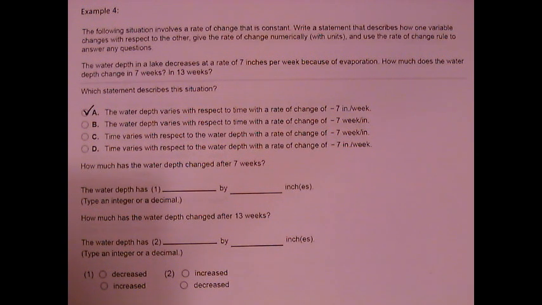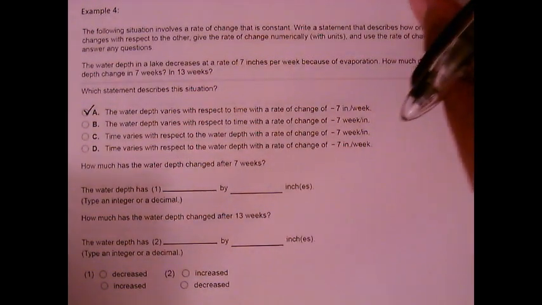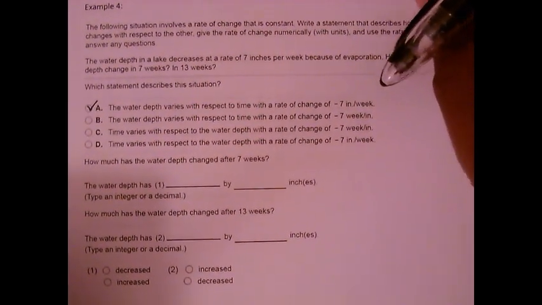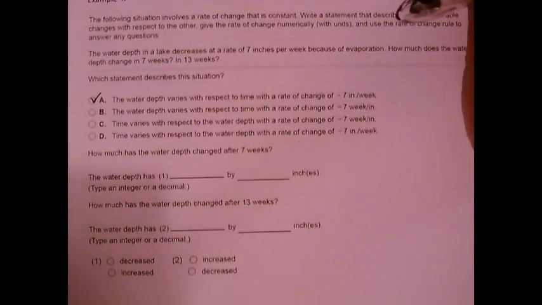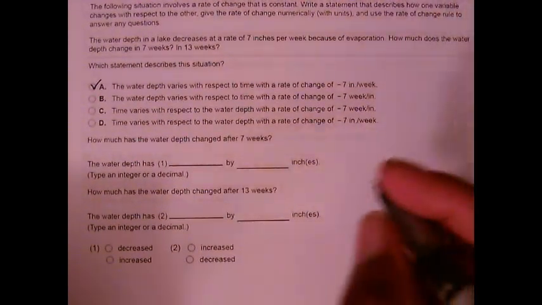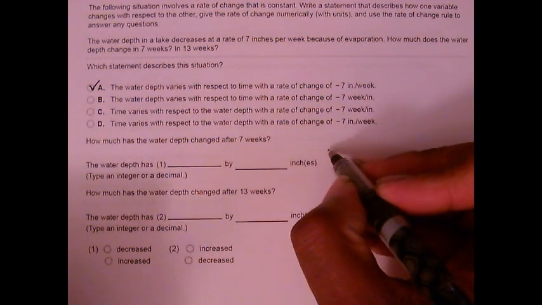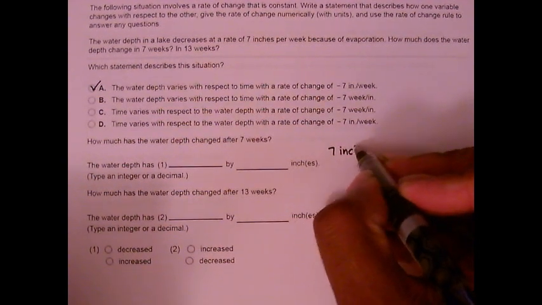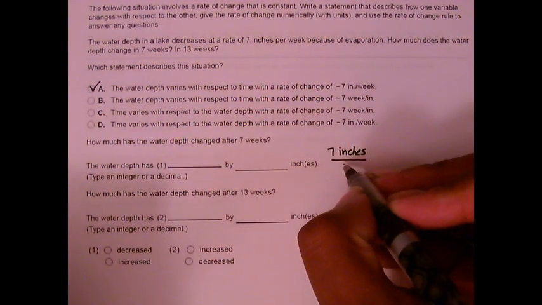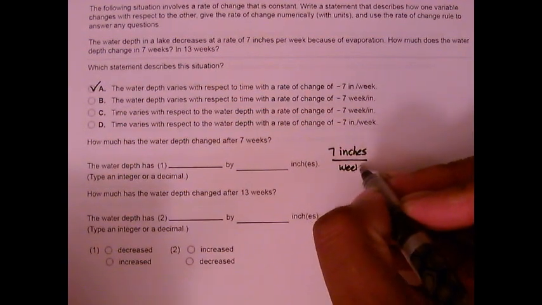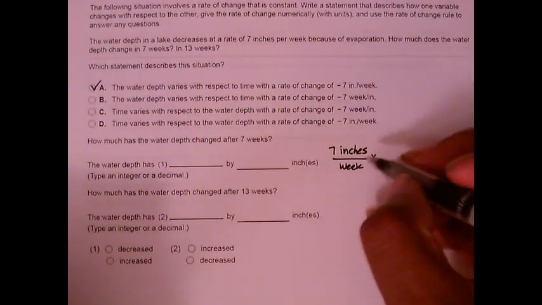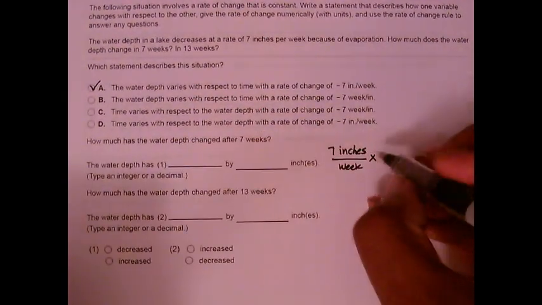Okay. And how much has the water depth changed after 7 weeks? Well, in this case, after 7 weeks, we know we got the rate of change of 7 inches per week. That's going to be multiplied by the number of weeks, 7.